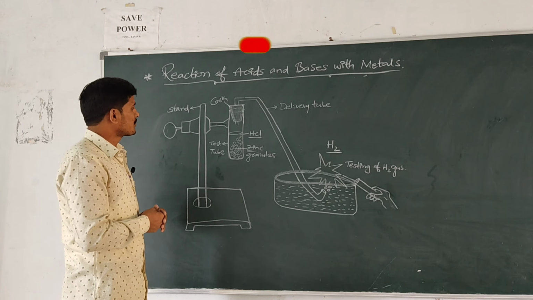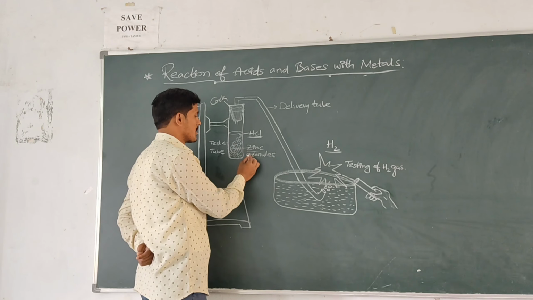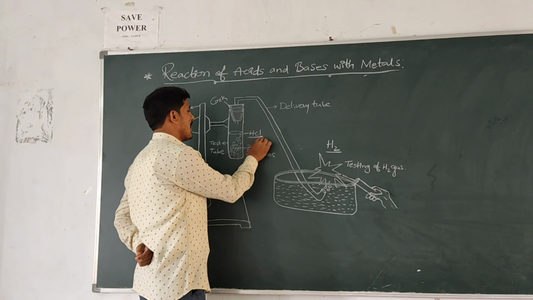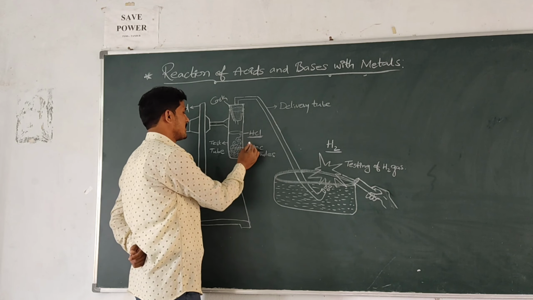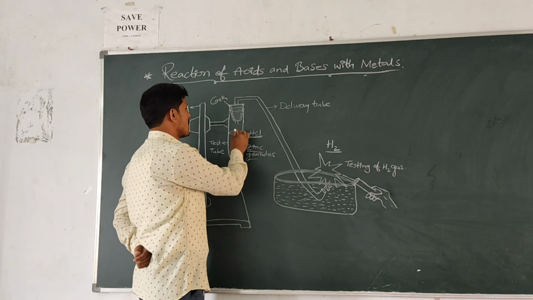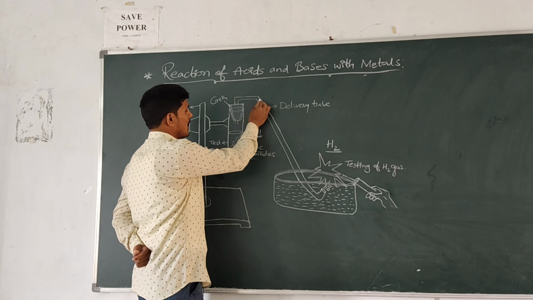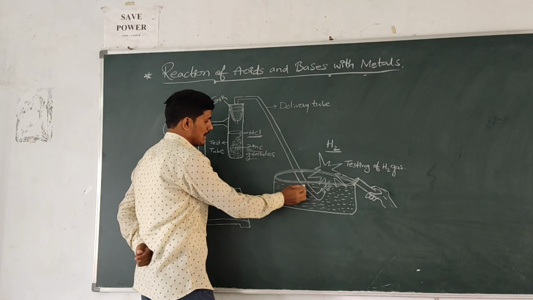Here, take a few grams of zinc granules in the test tube and add hydrochloric acid. The reaction takes place between the hydrochloric acid and zinc granules. The gas evolved passes through the hole in the rubber cork and through the delivery tube.